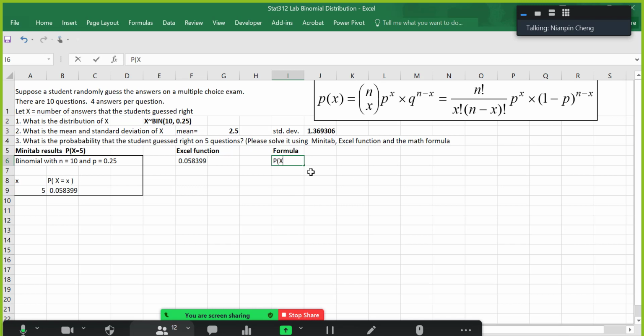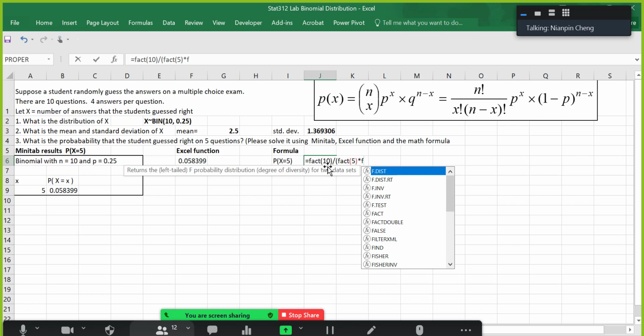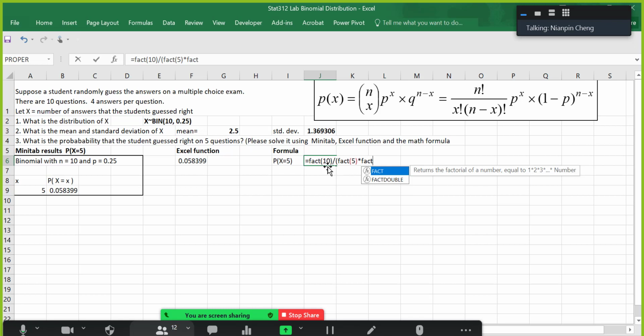This time probability x equal to 5 is equal to n factorial, n equal to 10, 10 factorial, we use FACT, that returns a factorial, divided by 5 factorial multiplied by 10 minus 5, that's still 5, 5 factorial.